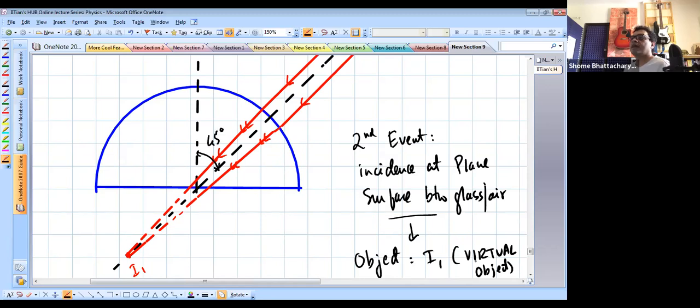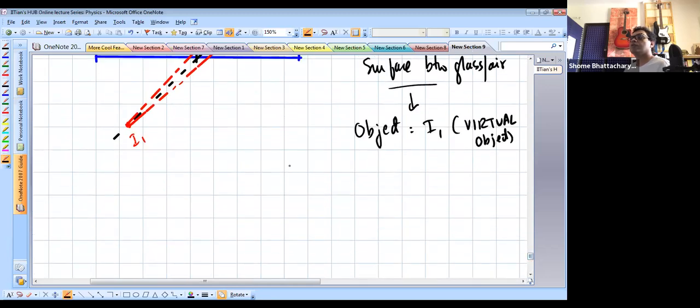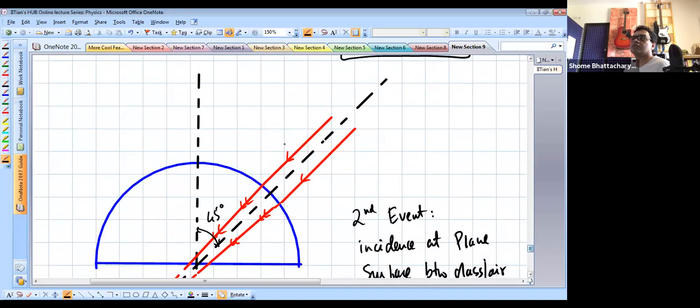The angle of incidence is give or take a little bit less or more. We can say it is basically 45 plus or minus some delta, where delta is a very small angle. It is slightly deviant from this.